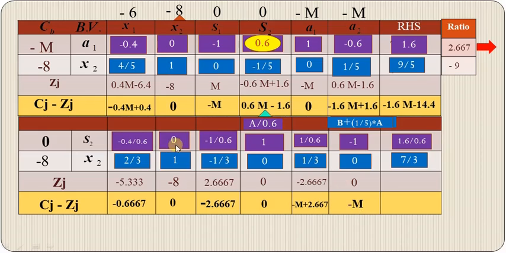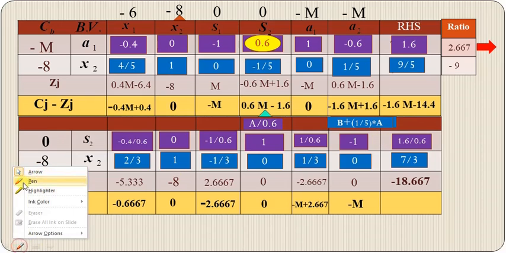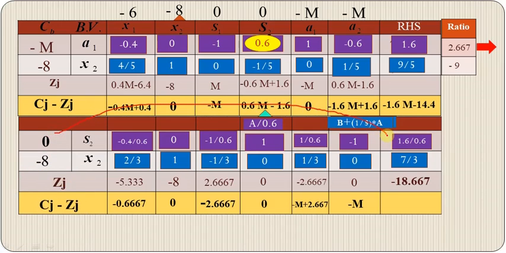And you will get Zj, that is 0 into this one plus minus 8 into 7 by 3, you will get minus 18.667. Then again calculate which one is the leaving variable and which one is the entering variable.